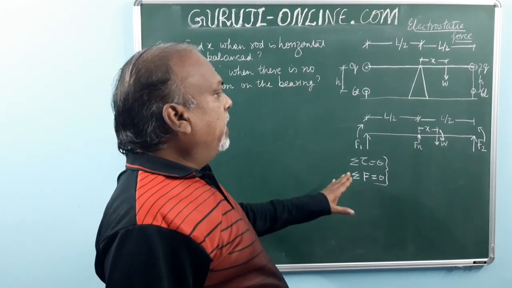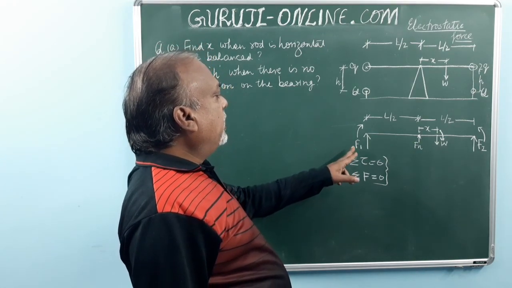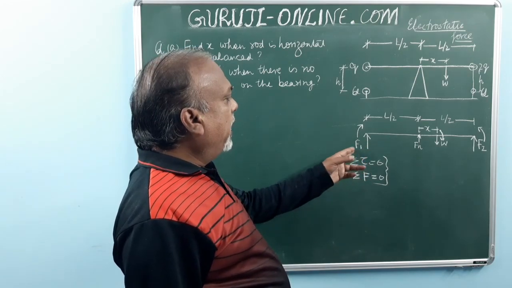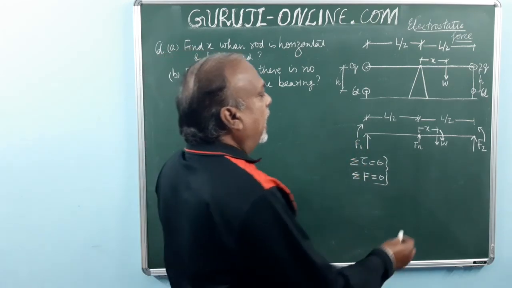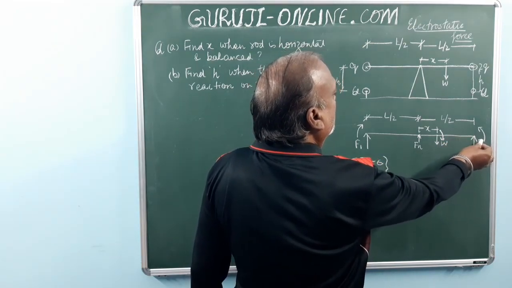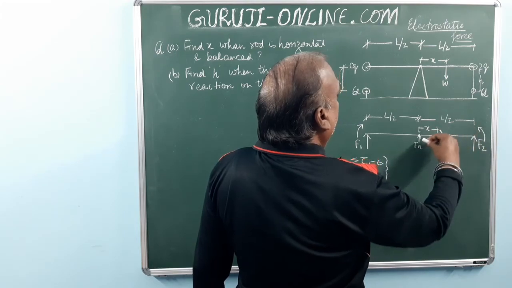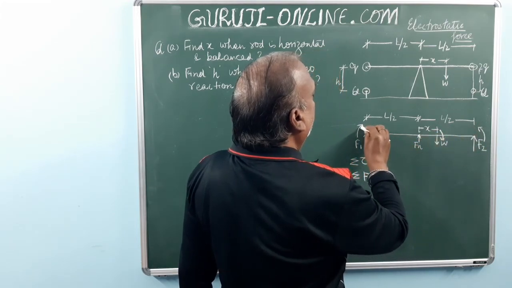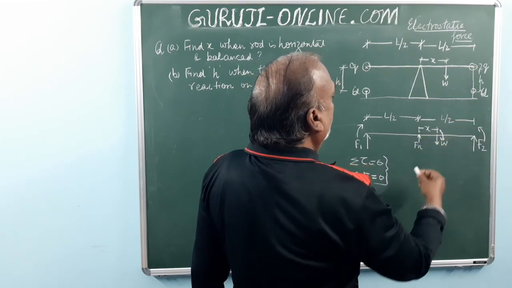So let us see, this is rotating the rod anti-clockwise, and this is rotating the rod. Sorry, it is clockwise, and this is anti-clockwise, and this is clockwise.